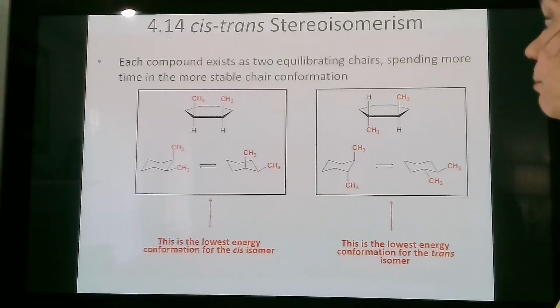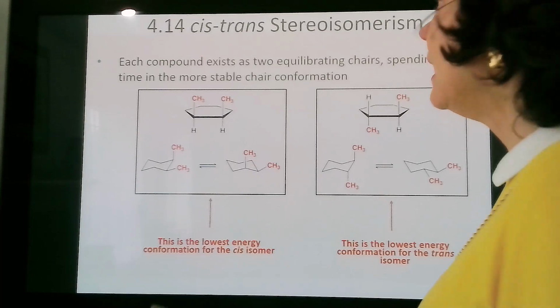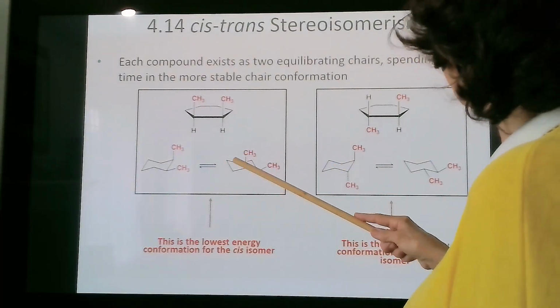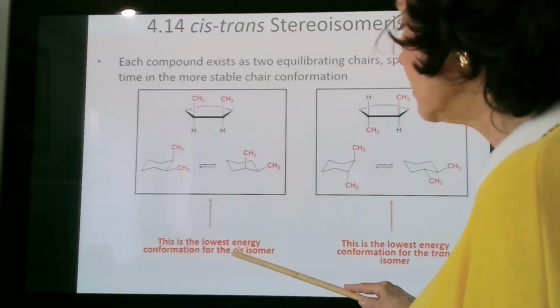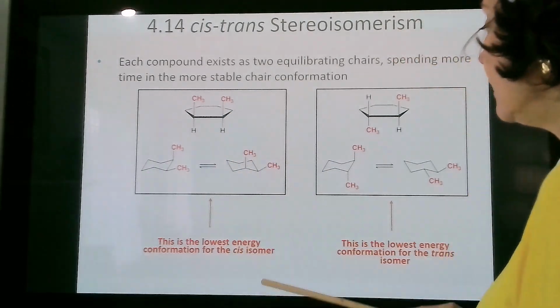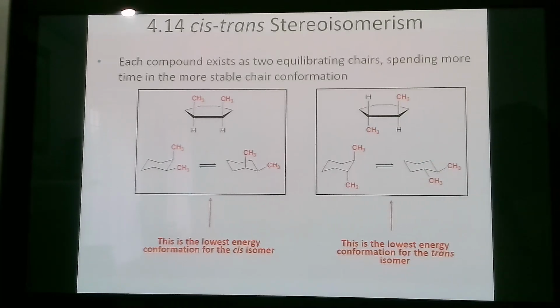If you have the two methyls on the same side of the ring or of the double bond, it's called cis. Cis, this is the cis isomer, okay? And notice it's italicized. And if you have the two methyls across, notice it's called trans, okay?